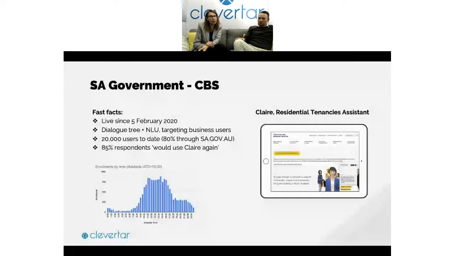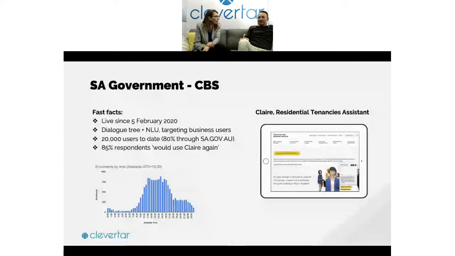But it really has supplemented and complemented their contact centre. And one of the proudest statistics that I have found from that particular implementation is that 85% of respondents would use Claire again, which is a great endorsement of the quality of the content that CBS has created there.